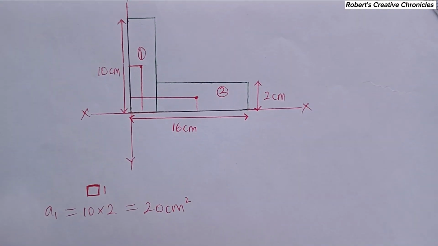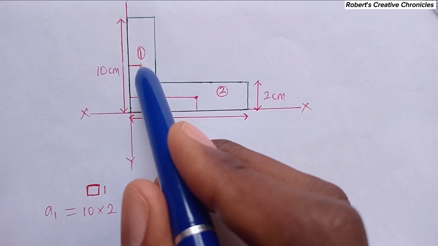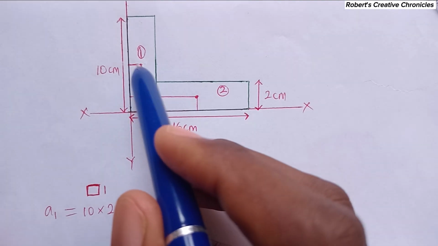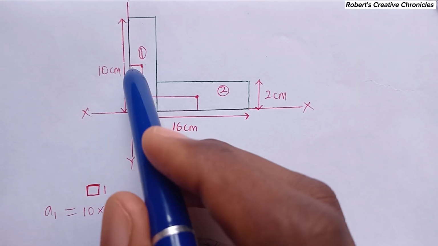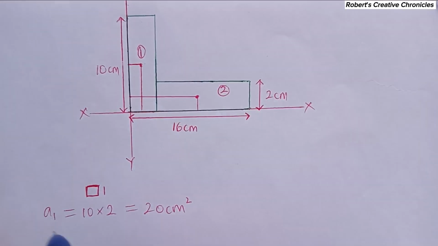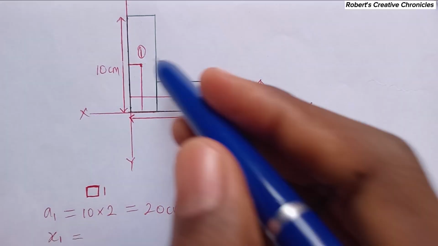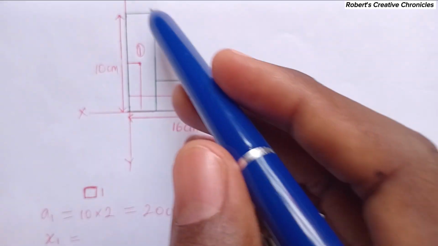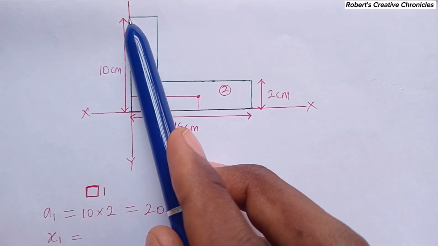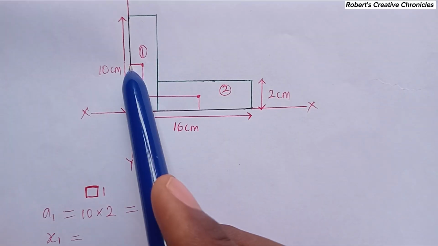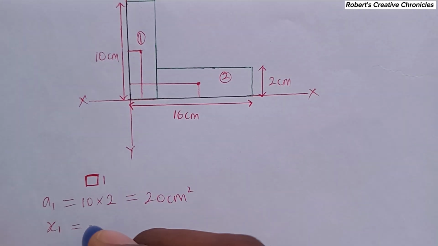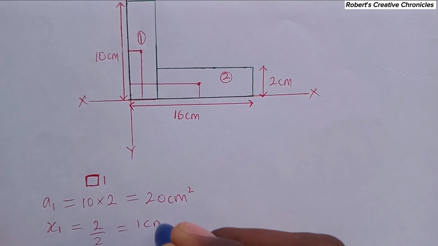So now, this is the first rectangle. The distance from the first centroid to the y-axis is x1. From here to here, since this side is 2, the distance is 2 divided by 2, which is 1 centimeter.